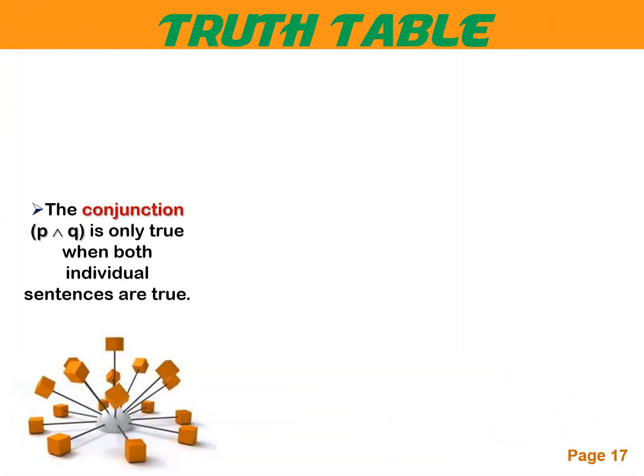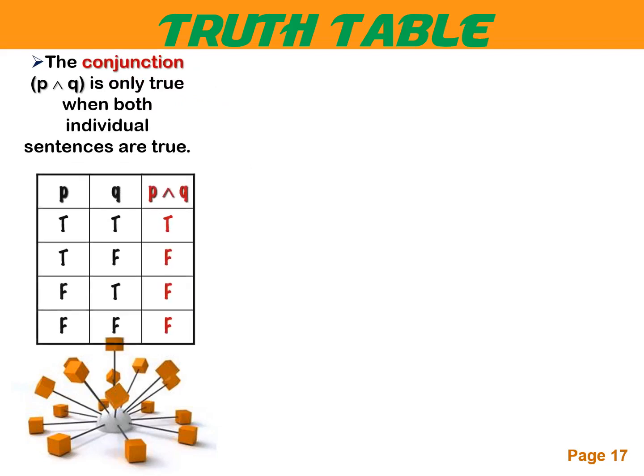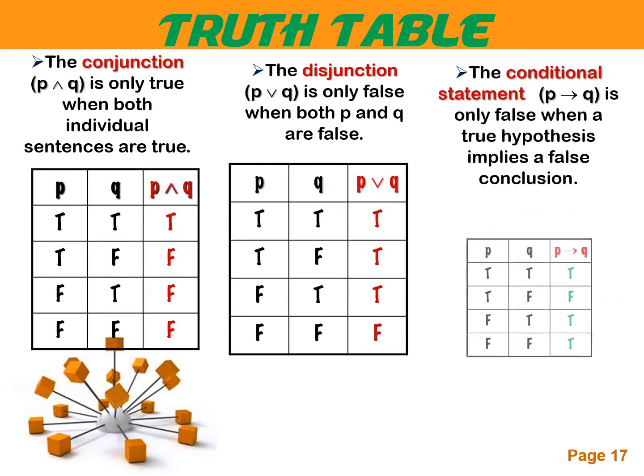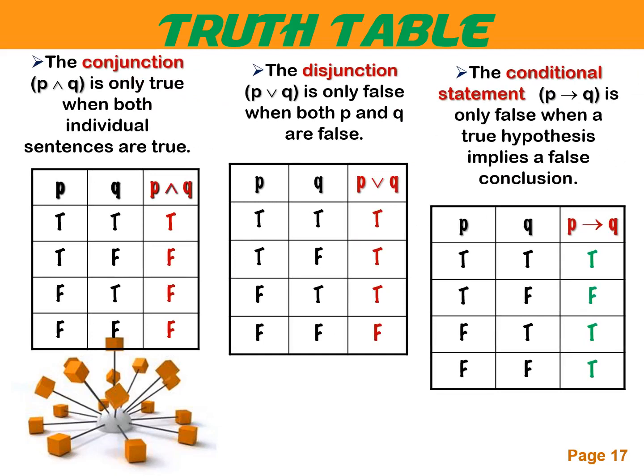Okay, so let's have the truth table. I also gave this one to you in the previous lesson. So we have the truth table for conjunction, disjunction, and conditional. For conjunction, it is only true if both statements are true. For the disjunction, it is only false when both statements are false.